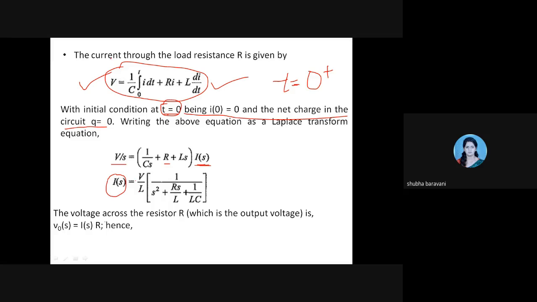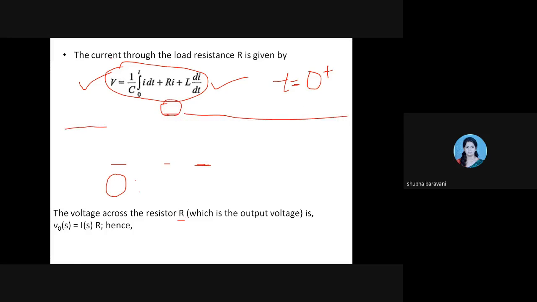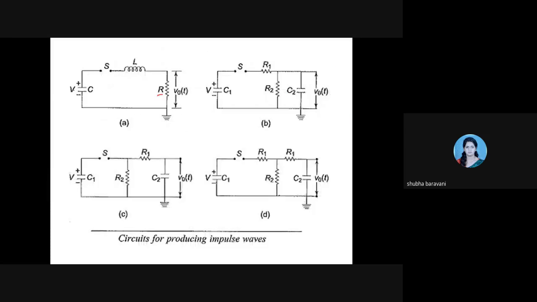So the output voltage across the resistor R, here is my resistor R, so the voltage across this is your V naught of t.